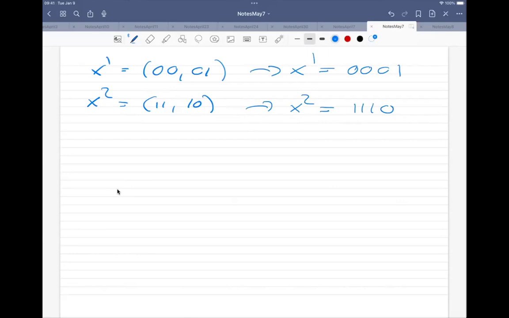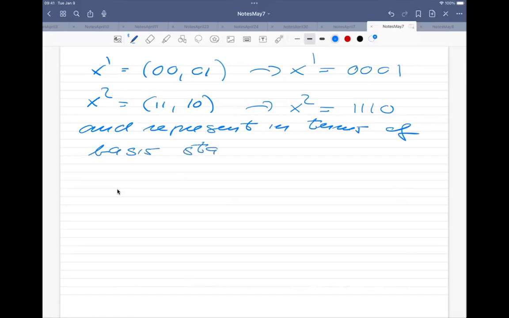Now we could think of this being represented by some quantum mechanical basis states. And you see quickly now that these are basis states which would involve 4 qubits. So we could have the basis state 0, 0, 0, 1 and the basis state 1, 1, 1, 0.